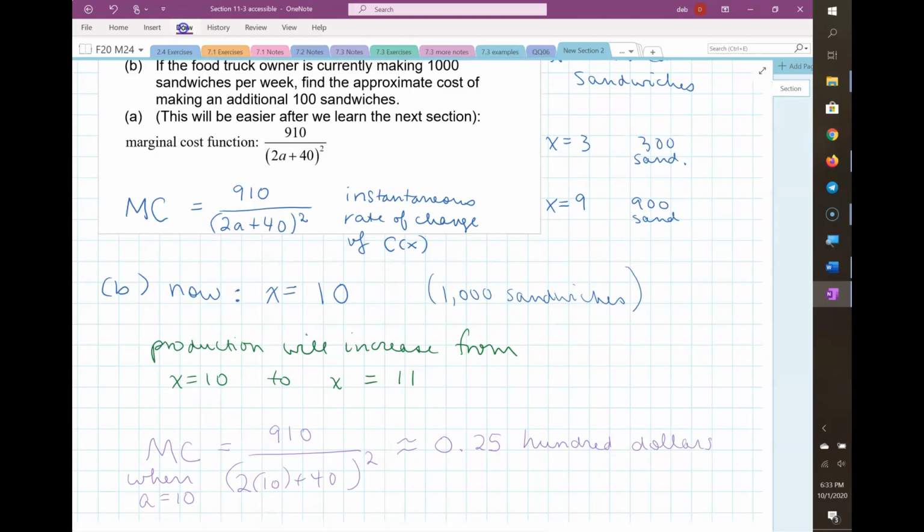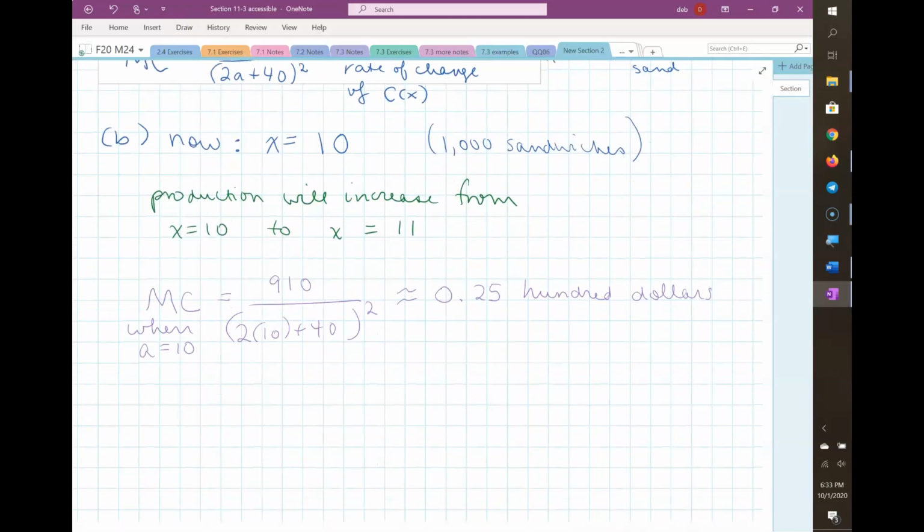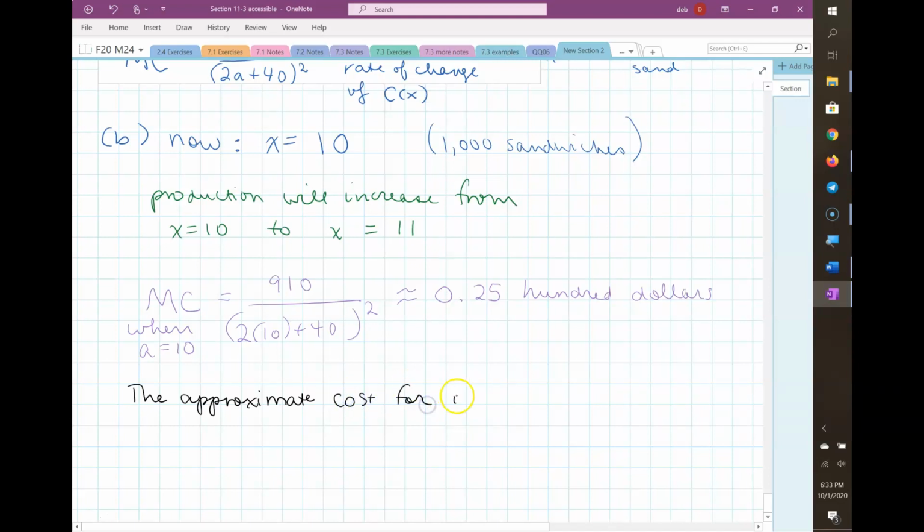So here is the interpretation sentence that goes with what we just did. When you're finding marginal costs, it's approximate. So it's the approximate cost for increasing, and actually, let me say this better.